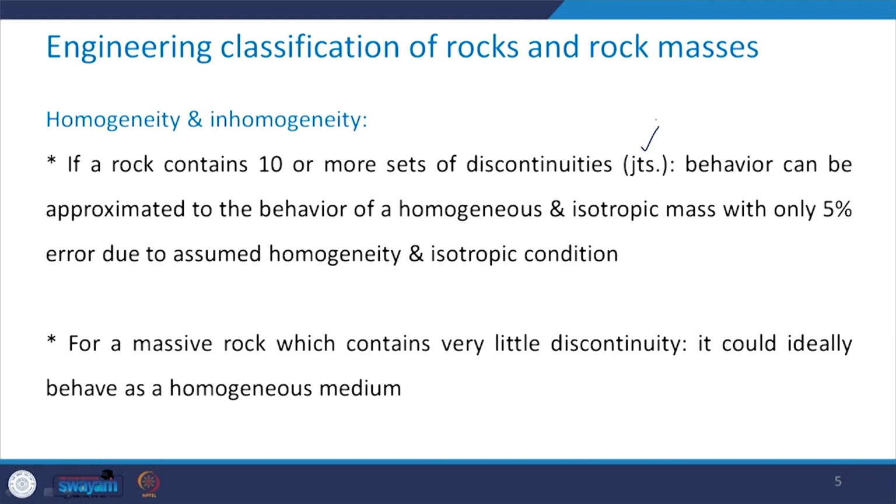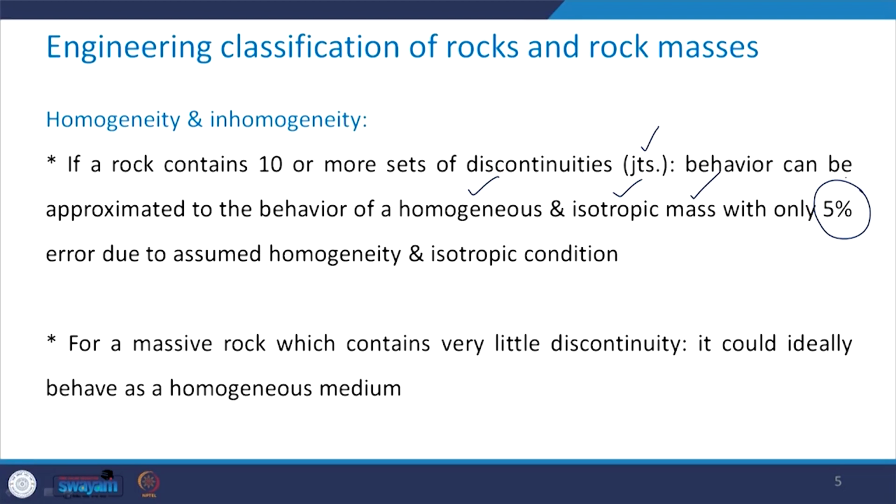That means if you have a larger number of discontinuities, the material can be considered a homogeneous and isotropic mass, with only marginal error of about 5%. For a massive rock which contains very little discontinuity, this could ideally behave as a homogeneous medium.